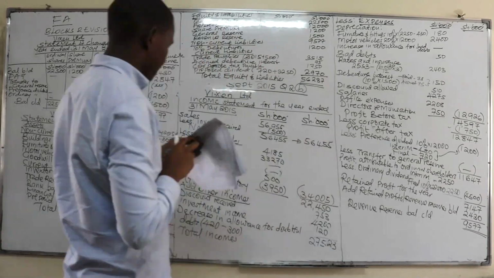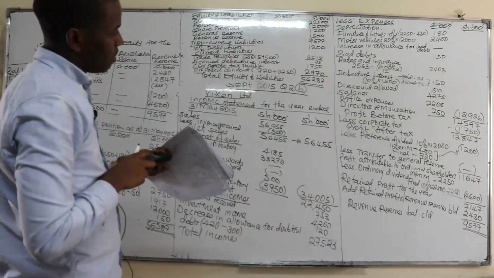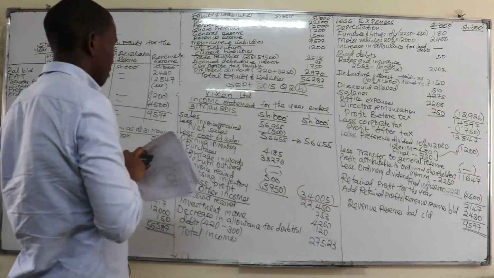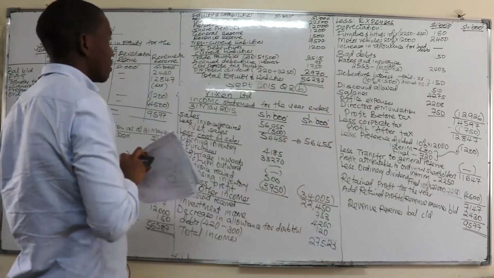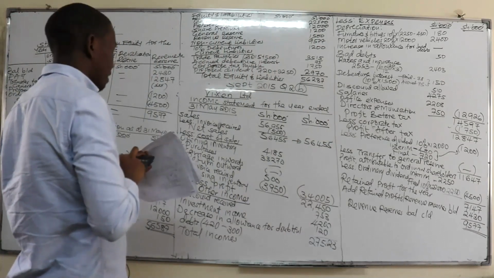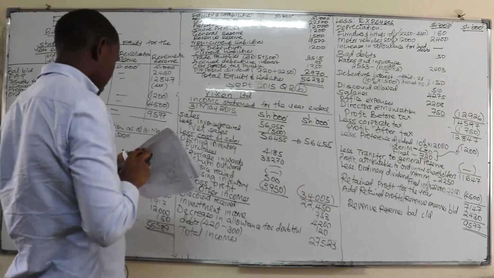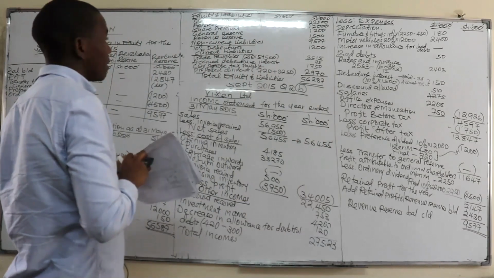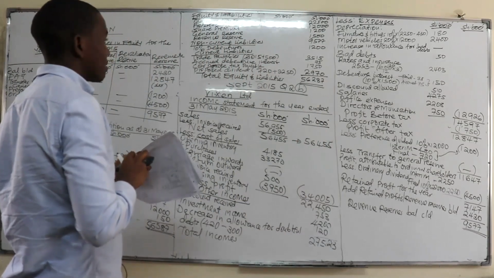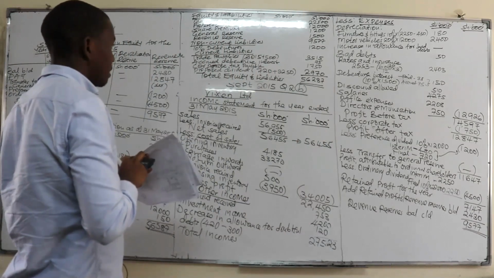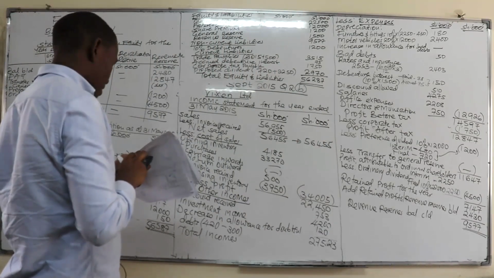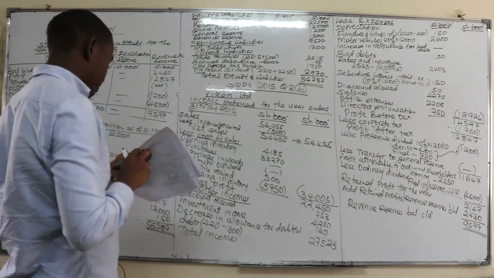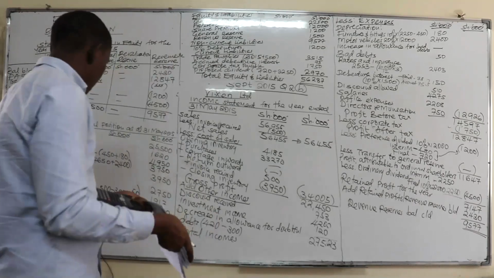Let me repeat again. It will be given by 22,500 plus 12,000 plus 1,200 plus 1,500 plus 9,577, 1,200 plus 35.15 plus 75, 1,750 plus 2,970, which is giving us a difference.